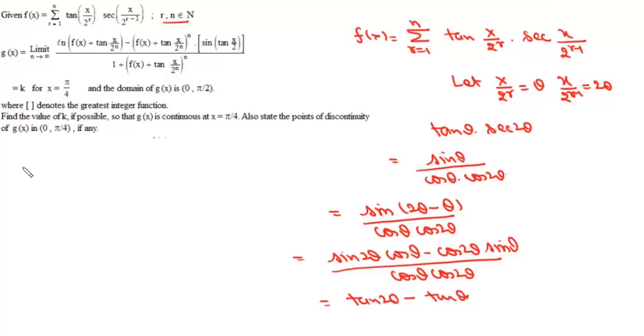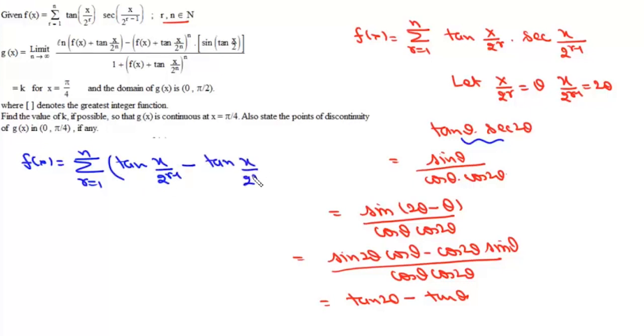So we can write this function f(x) as this summation, r varies from 1 to n, and tan theta into sec 2 theta is tan 2 theta minus tan theta. So it will be this, tan(x/2^(r-1)) minus tan(x/2^r).